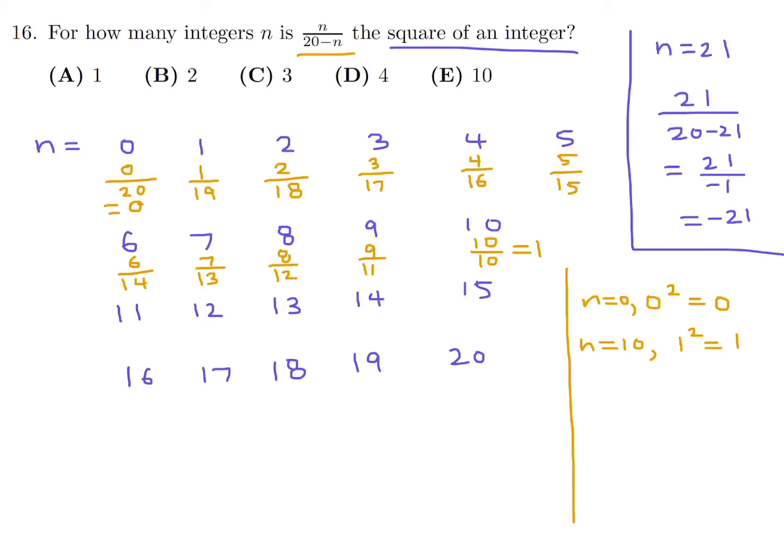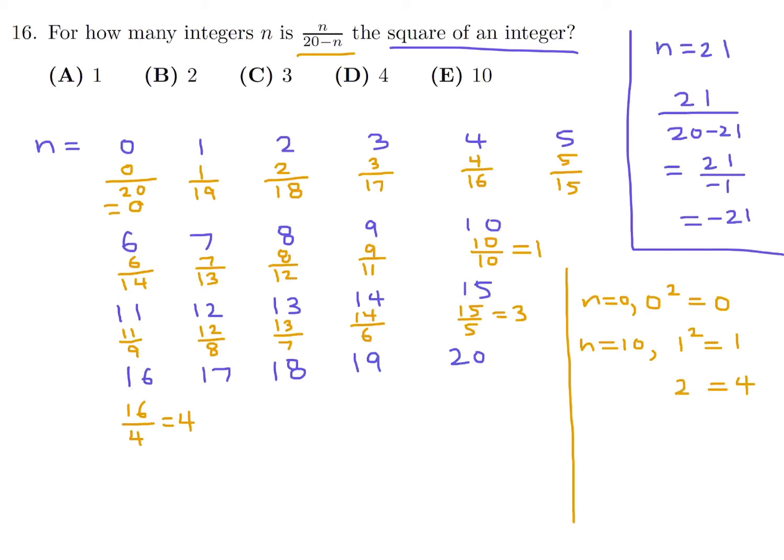For 11, it will be 11 over 9, 12 over 8, 13 over 7, 14 over 6, 15 over 5. But that's 3, and 3 is not the square of an integer. 16 over 4, which is 4, and 4 is the square of an integer.